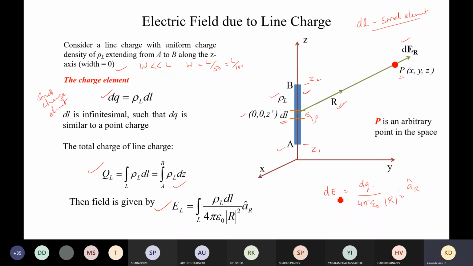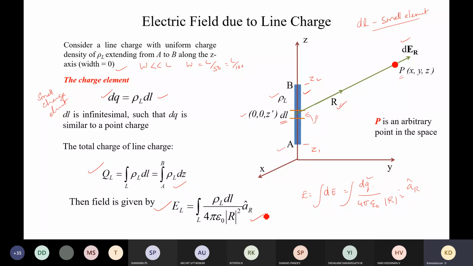So this is the small electric field induced by the small charge. Now this dq can be replaced by rho L into dl, and if you integrate on both sides, you will get the total electric field at this particular point due to the entire element.